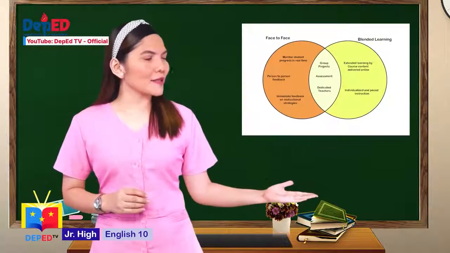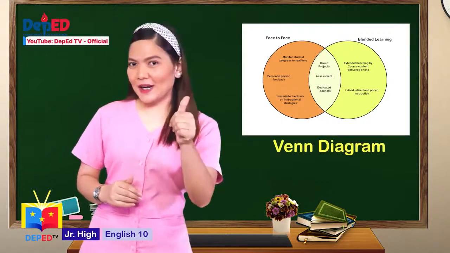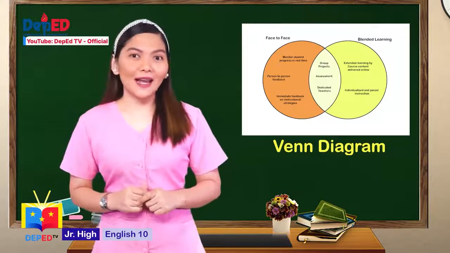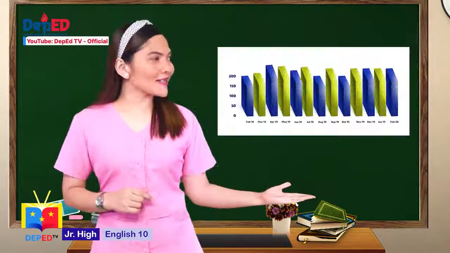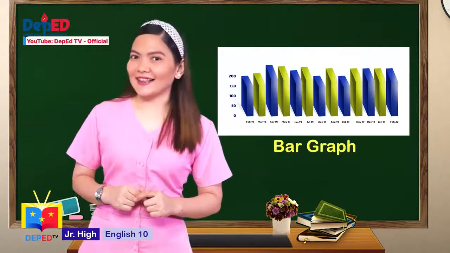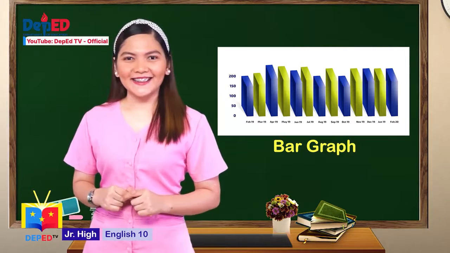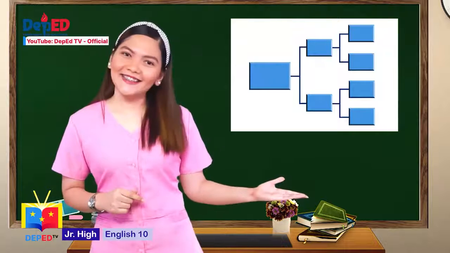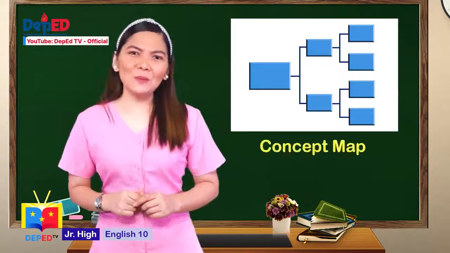What textual aid is this? That's right. This is a Venn diagram. What about this? Correct. This one is a bar graph. And this one? You remembered!